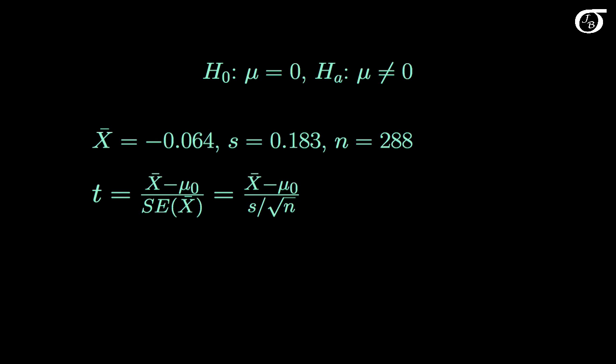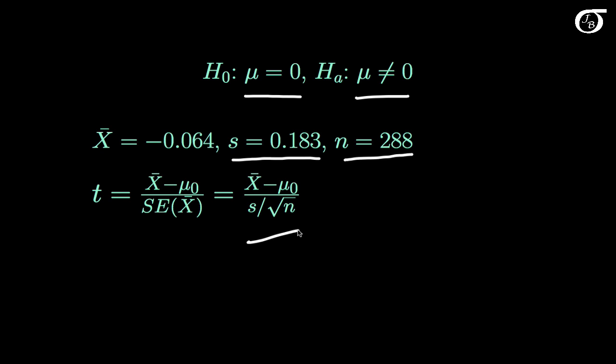Recall again that we're testing the null hypothesis that mu is equal to 0 against a 2-sided alternative. The standard deviation of 0.183 was based on the 288 observations in the sample, and since the standard deviation is based on sample data, we should be using a t-statistic.